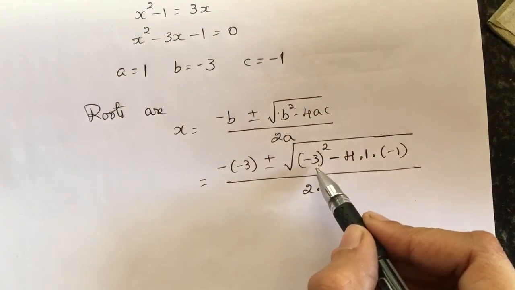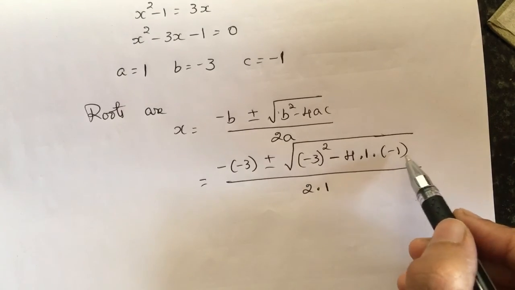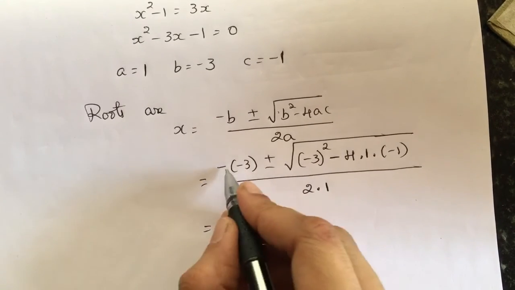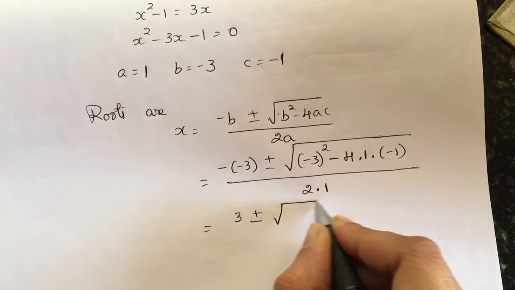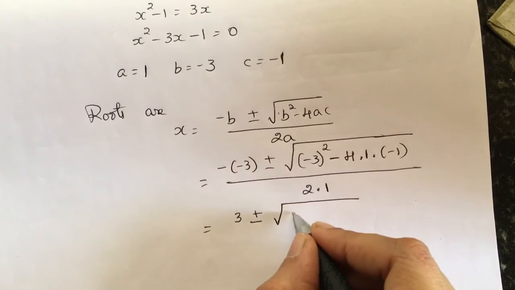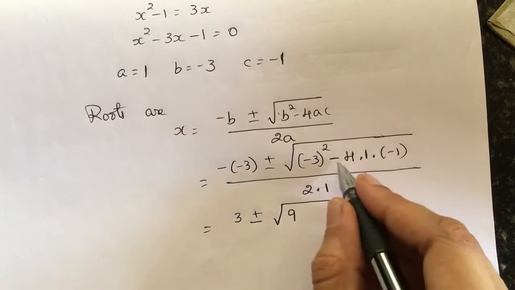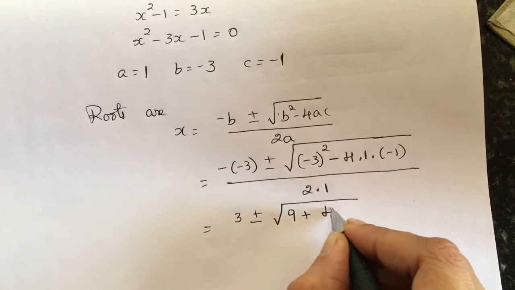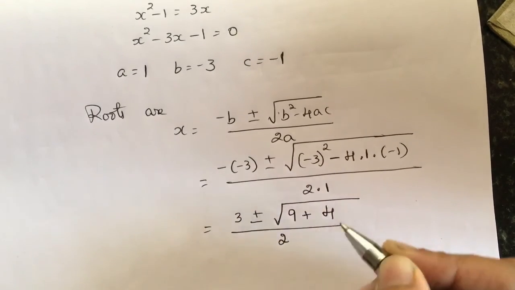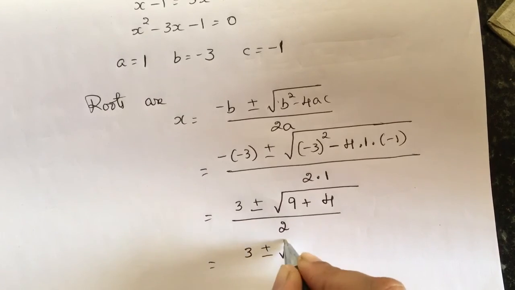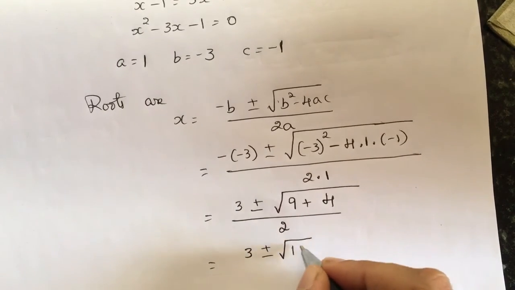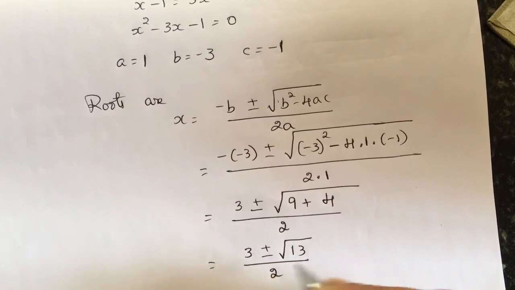B value is minus 3 and c is minus 1. So be careful while writing that. Minus of minus 3 is plus 3 plus or minus root of 9 minus into minus plus 4, divided by 2. So 3 plus or minus root 13 by 2.